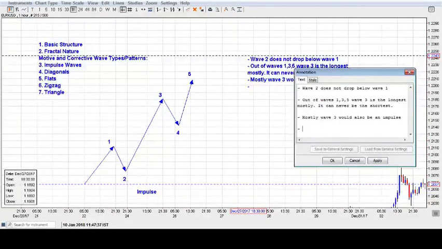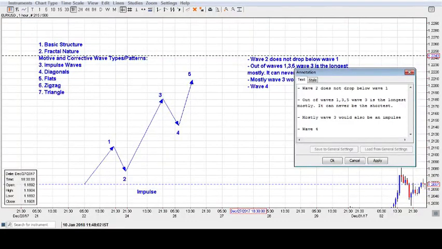Right, so this is the rule for an impulse wave. Don't get mixed up between motive and impulse. Impulse is a type of motive wave, and what we are discussing are the rules and properties of an impulse wave. All right, now a very important rule follows.